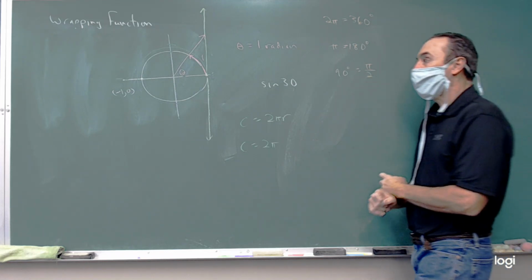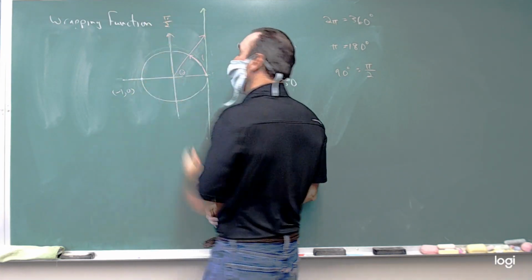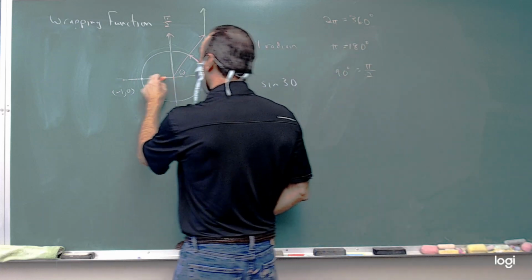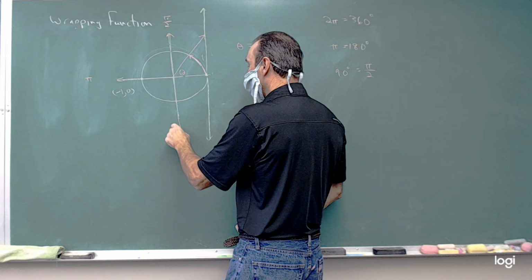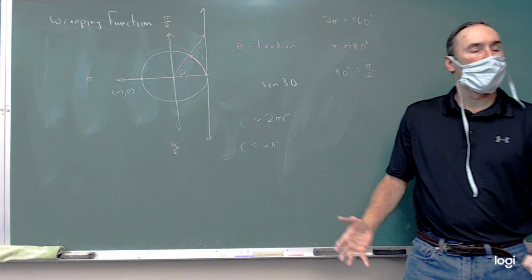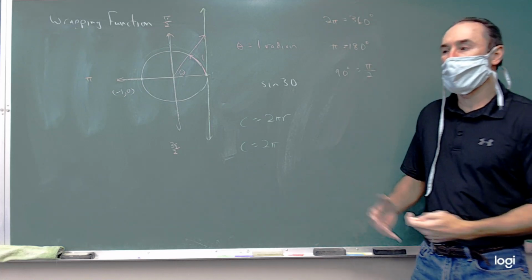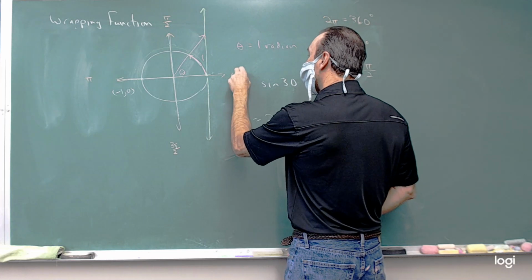So this angle in radians is going to be pi over 2. This angle is going to be pi. This angle is going to be 3 pi over 2. It's 3/2 pi or 1.5 pi, but we'll call it 3 pi over 2. And this angle is going to be 0, but it's also 2 pi.